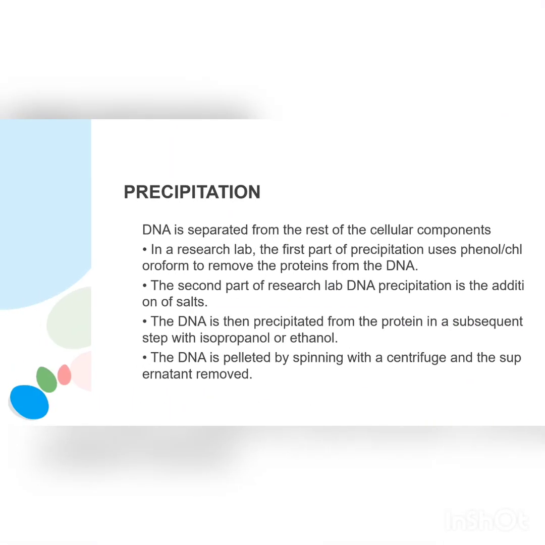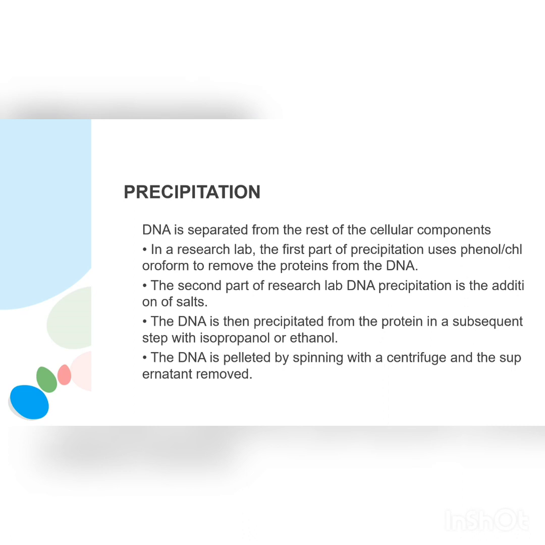Now, let's go with the second important step, that is precipitation. So, what is precipitation? Precipitation is the action or process of precipitating a substance from a solution. In precipitation, DNA is separated from the rest of the cellular components.